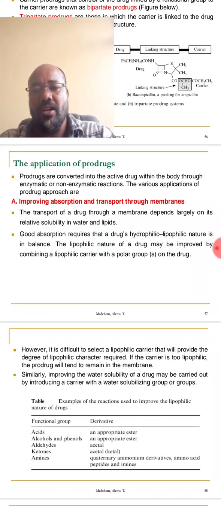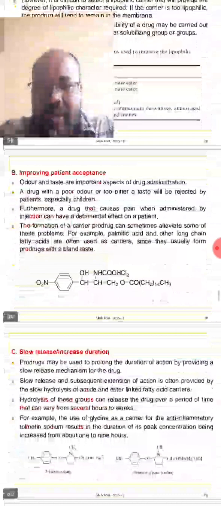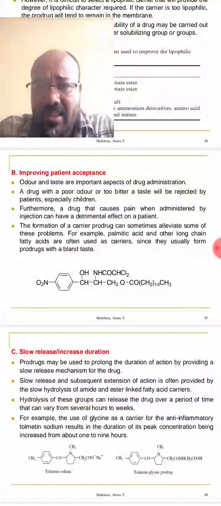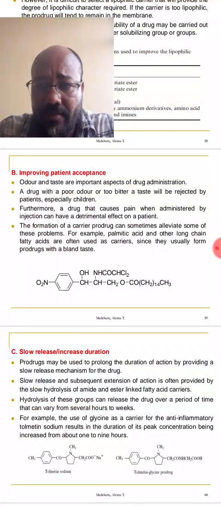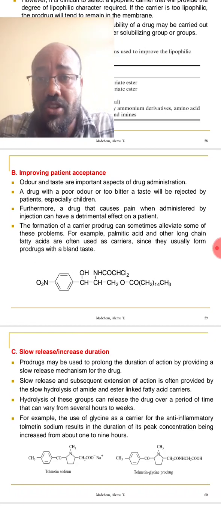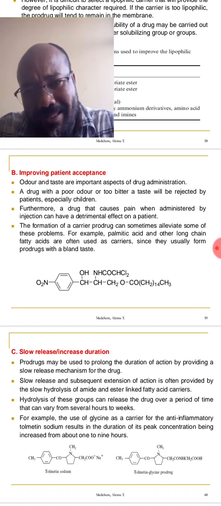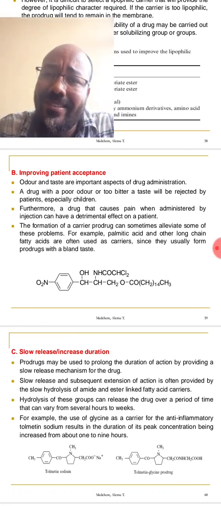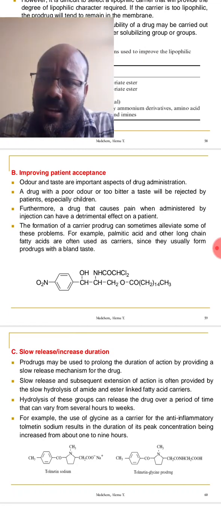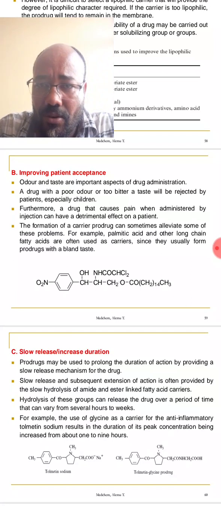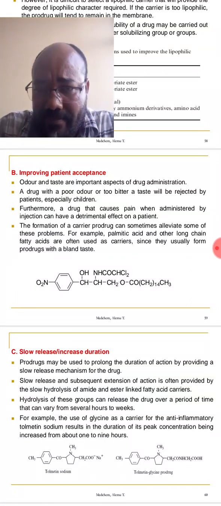The second advantage, or objective, of using prodrugs is to improve patient acceptance. There are some drugs that are highly bitter. Also, when they are given by injection, they may produce irritation.